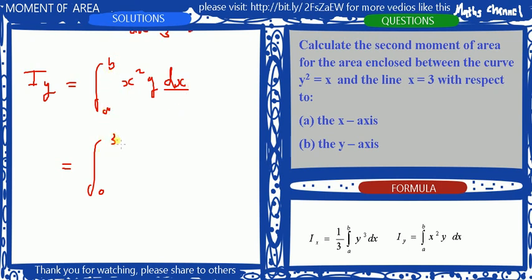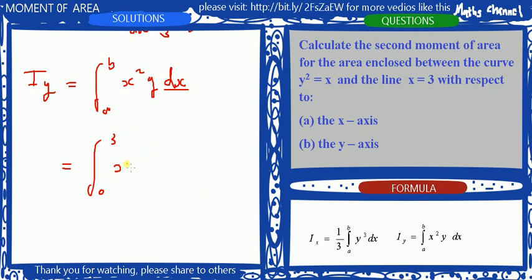The limits are the boundaries of the area we are looking at. You can see this is like an equation of area, y dx, and this one is the distance squared.